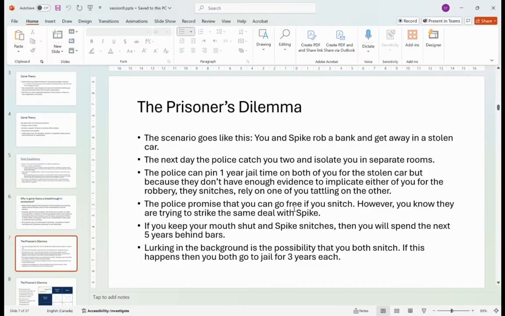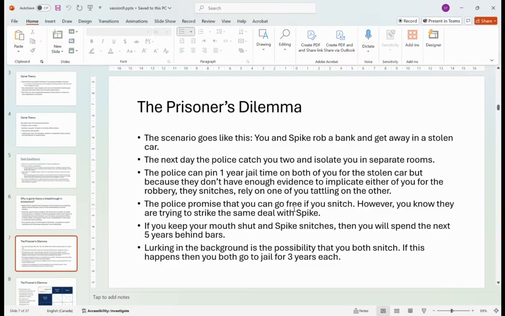So what the police are doing to catch them for the robbery and put them in jail for the robbery is that they are relying on one of the robbers to snitch, to tattle on the other.